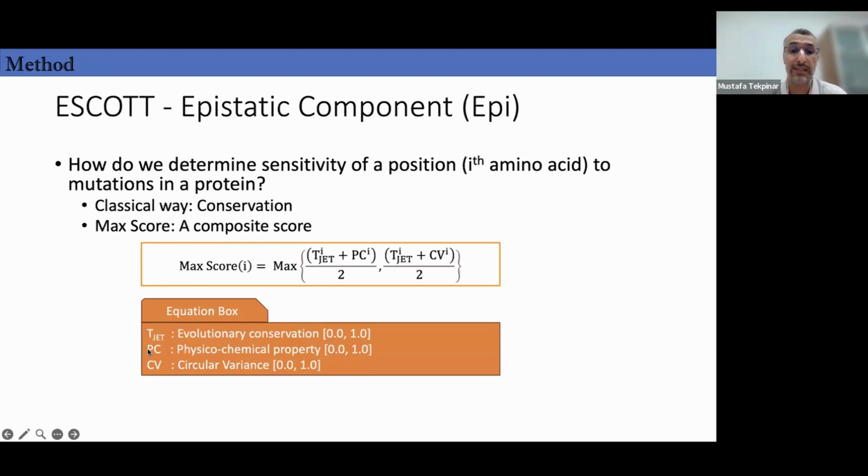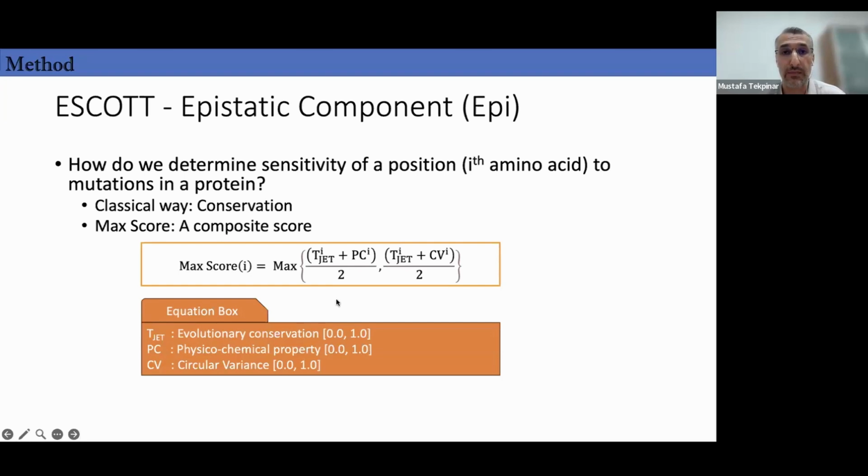The second component is physicochemical features of amino acids. And the third component is a structural feature called circular variance. Circular variance can be thought of as a kind of density around an atom or an amino acid, density of atoms. And it's a structural feature coming from PDB or CIF files.